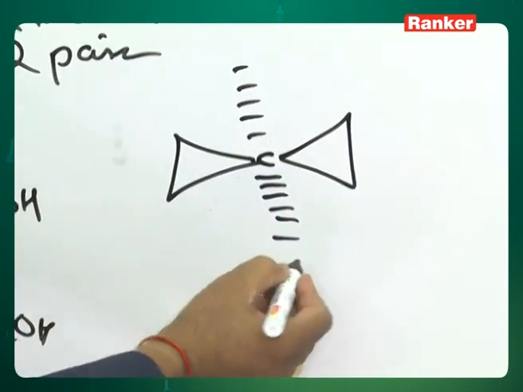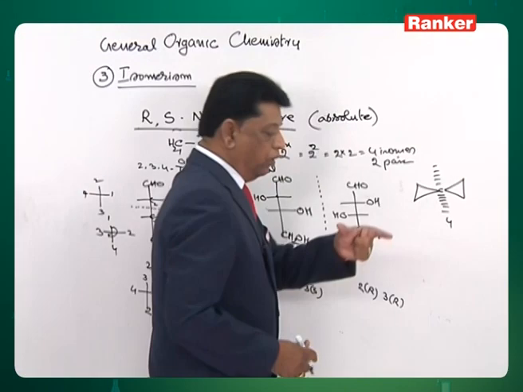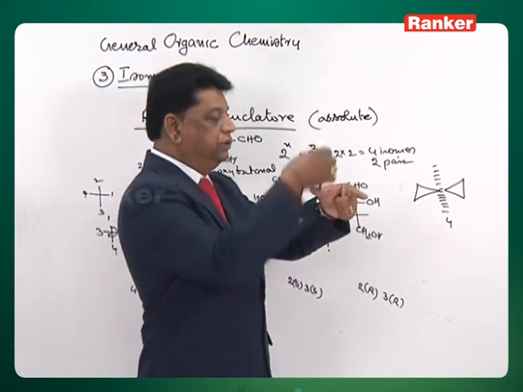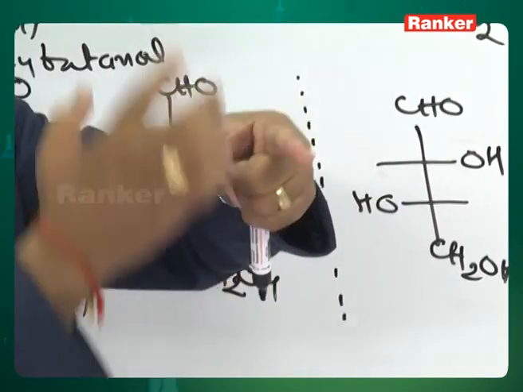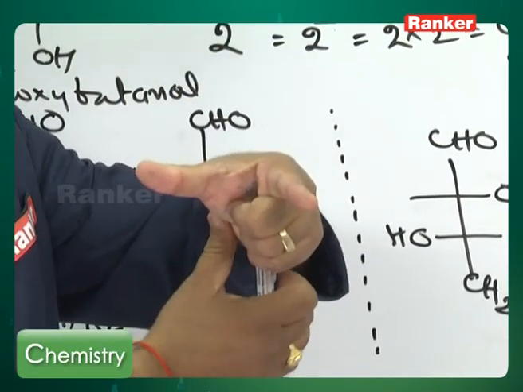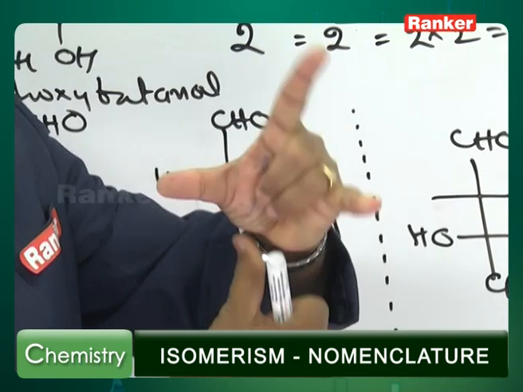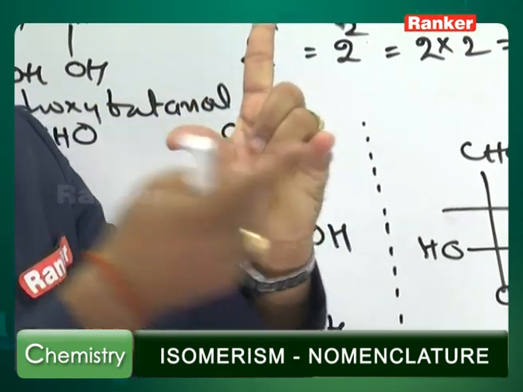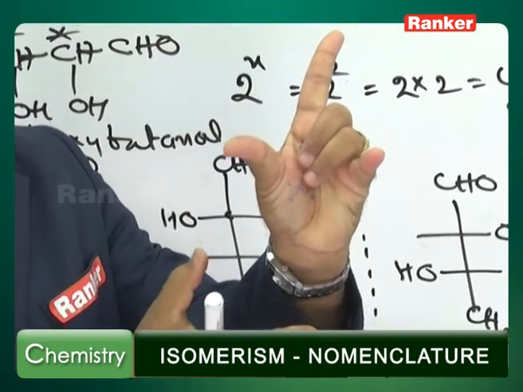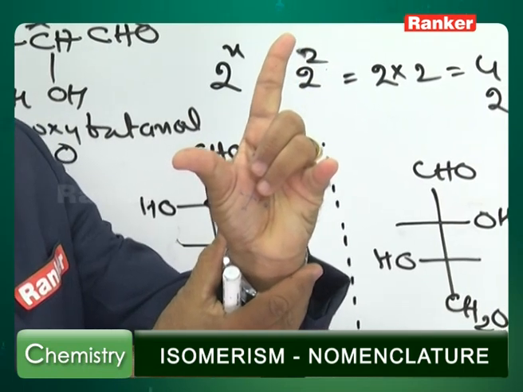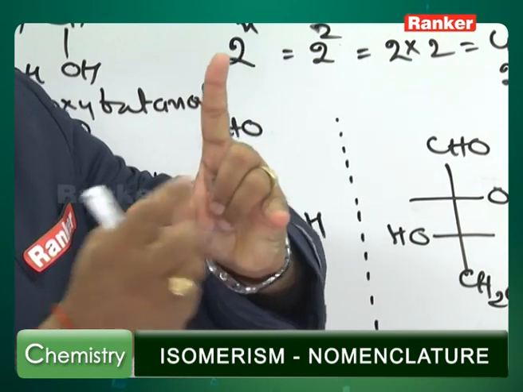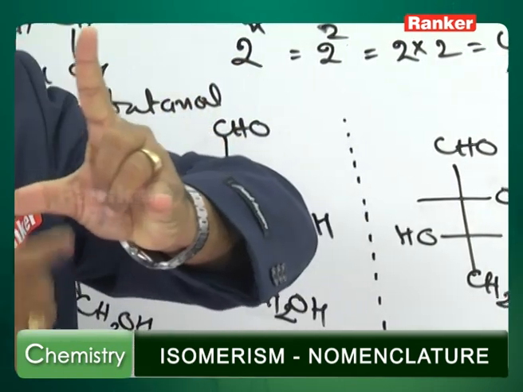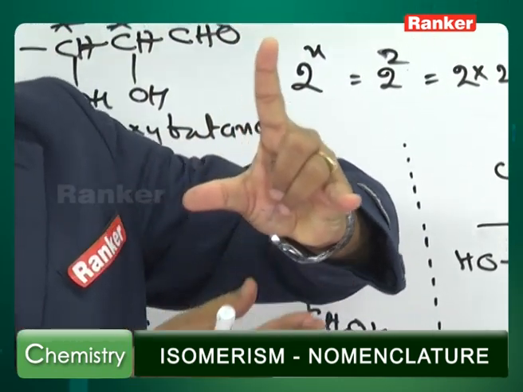Bringing the fourth group down means you are catching the fourth in your hand, and just tilt the other three like this. All three will be projected towards you. When the fourth is backside, three are towards you.